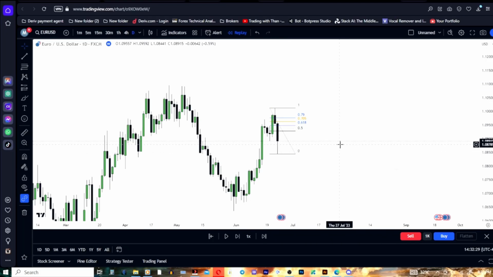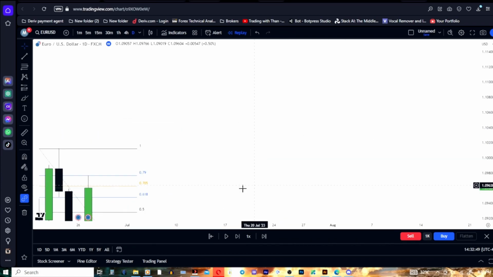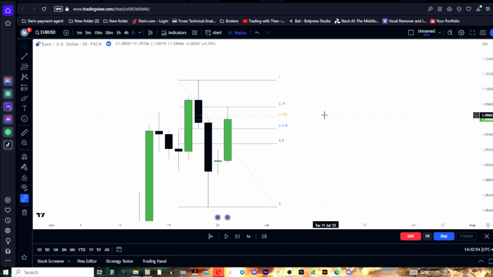In this example of Euro USD, we have pulled our Fib from the high to a low. So let it totally form and then follow price. All right, as you can see, when price is here, we see that it's reached our OTE zone.